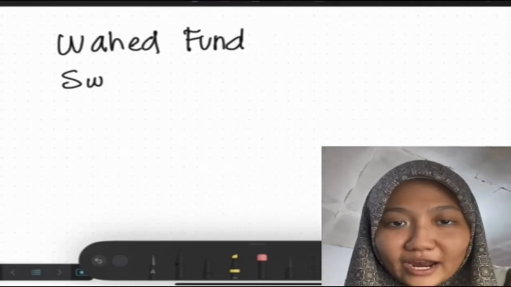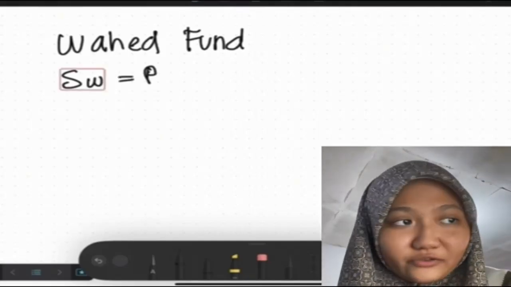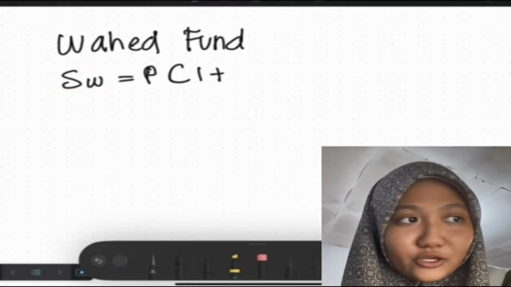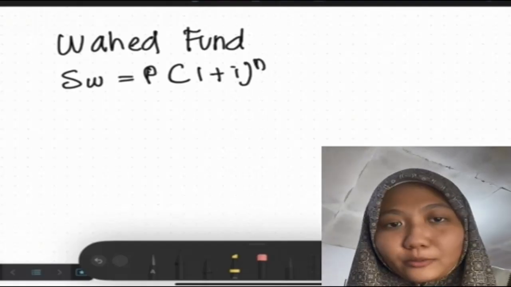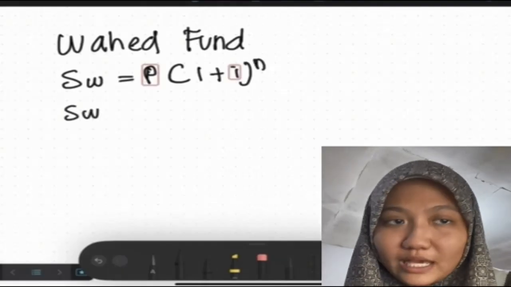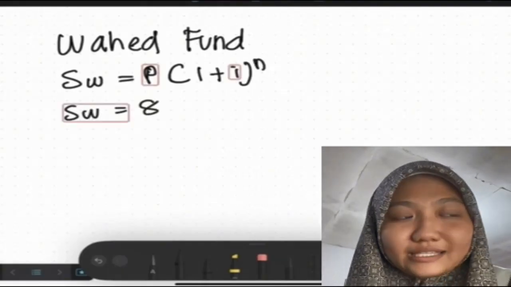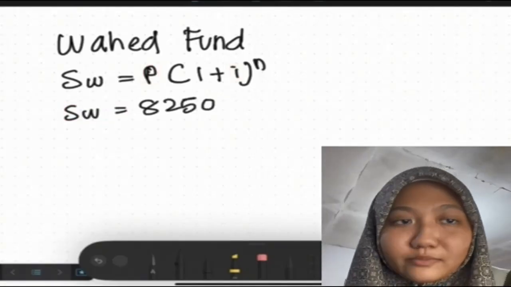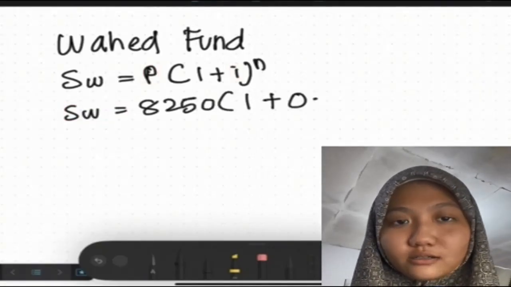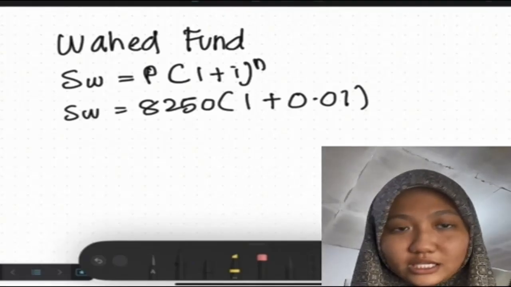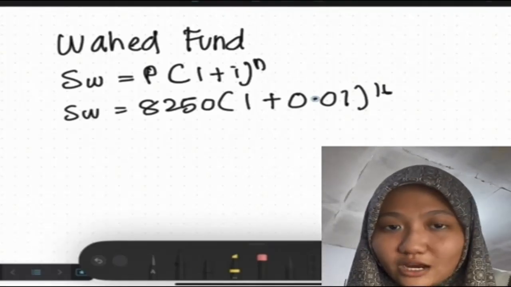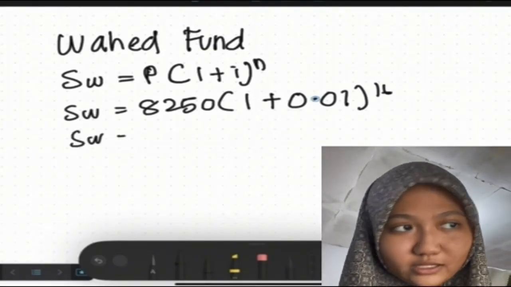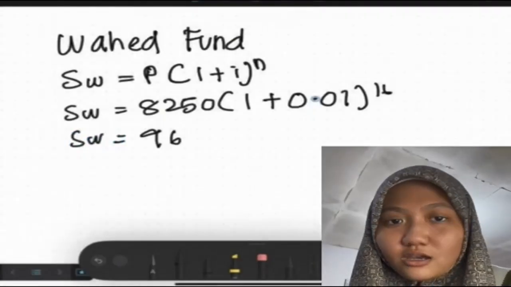First, you have to find Wahid Fund's future value. We're going to use the formula S equal P times 1 plus I to the power of N. SW equal to 8,250 times 1 plus 0.01 to the power of 16, which is S equal to 9,673.77 ringgit Malaysia.